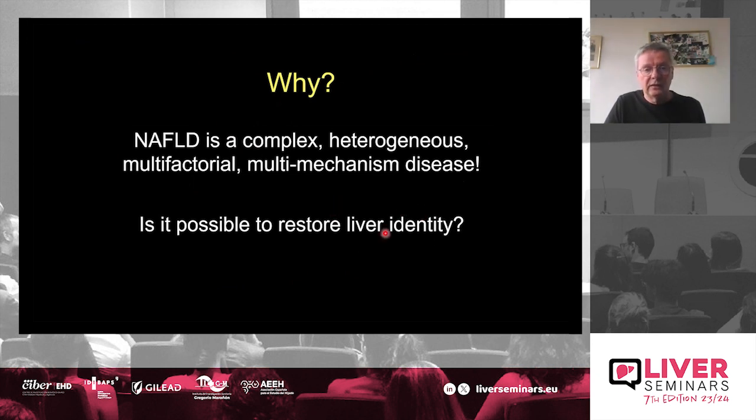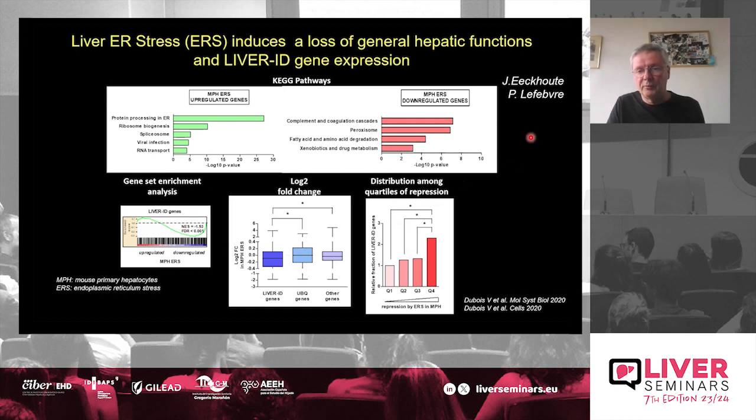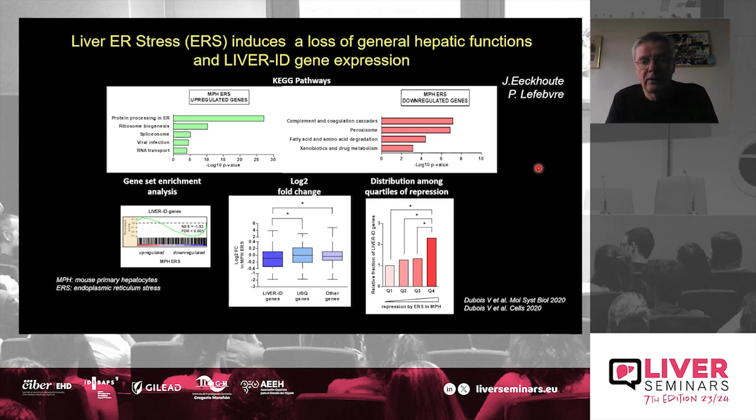And I'd like to finish on that, coming back to the stressors that are associated with the transition of fatty liver to NASH, namely inflammation, but also endoplasmic reticulum stress, or UPR, as I showed you also previously.